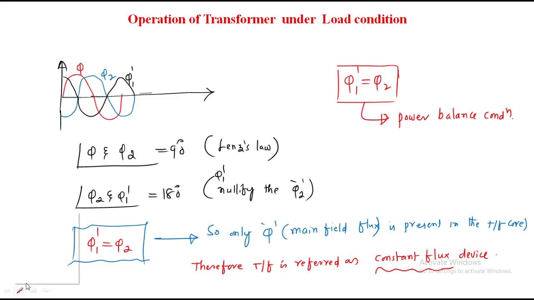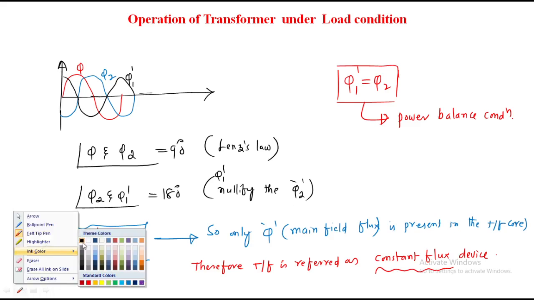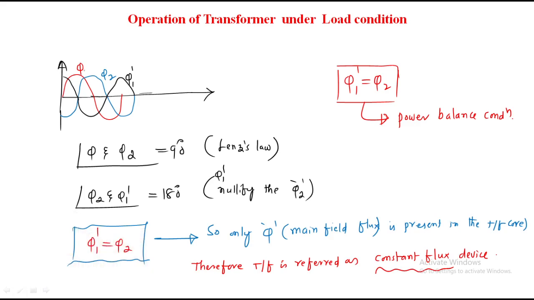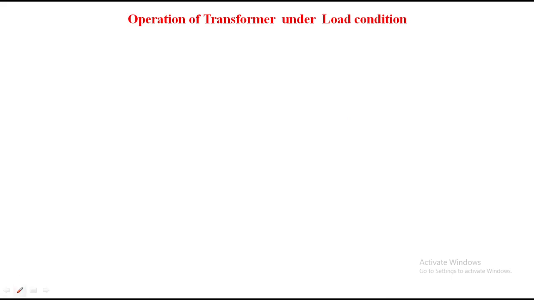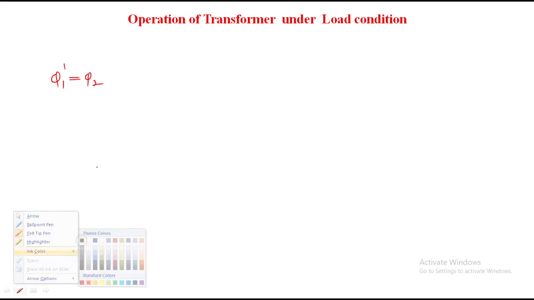And one more important point. This phi 2 should oppose this phi 1 dash. These magnitudes are equal. Next, what is the power balance condition? Phi 1 dash should be equal to phi 2.